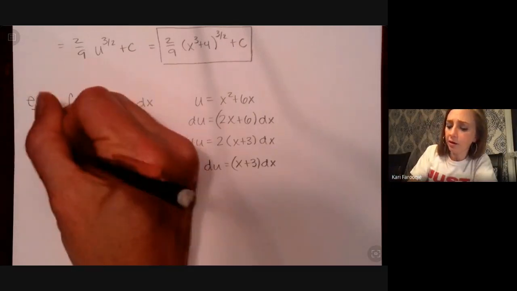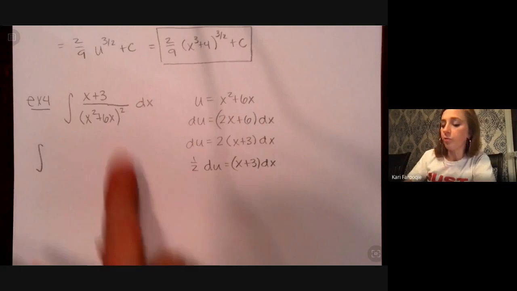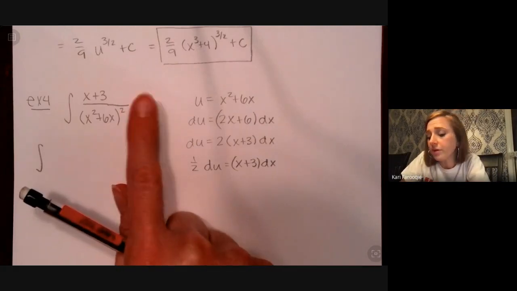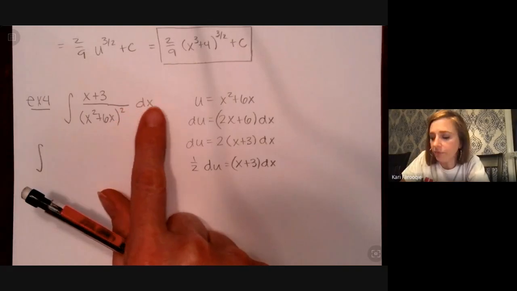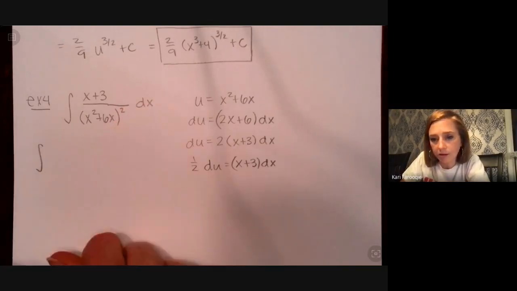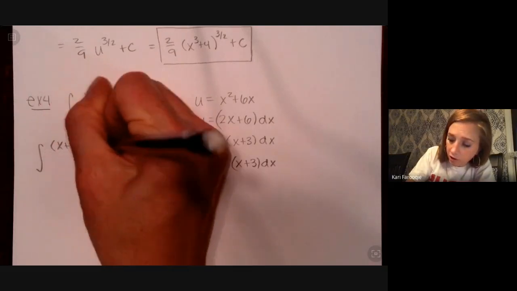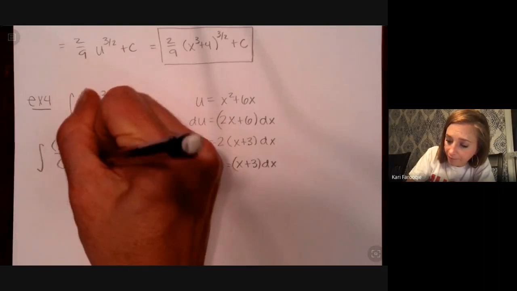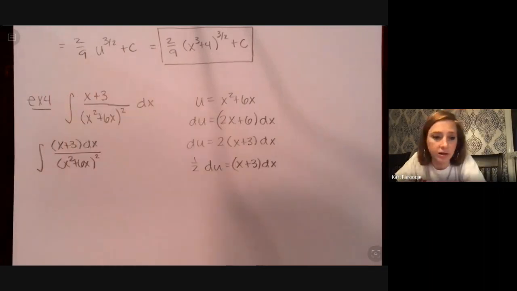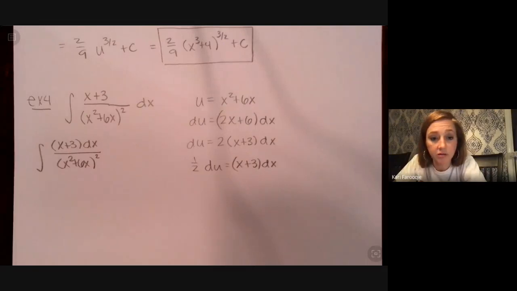Now if you'd like, I can write this a little bit differently so that it's really clear where everything's supposed to go. When you have a fraction, the dx technically gets multiplied into the numerator because it's not in the denominator of a fraction. So really, you could, if you wanted to, rewrite your integral like this. These are the same thing. You're just saying the same thing in a different way.